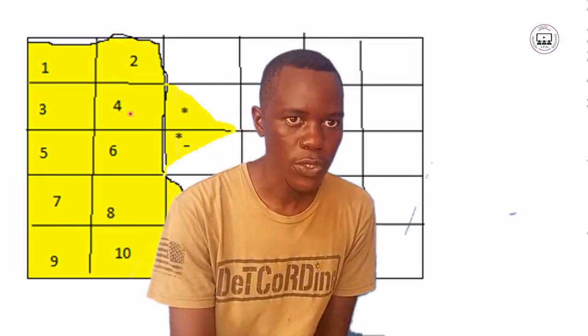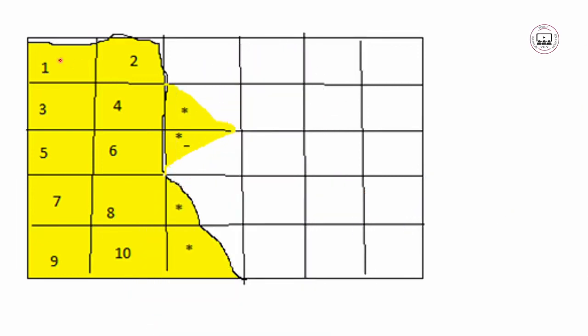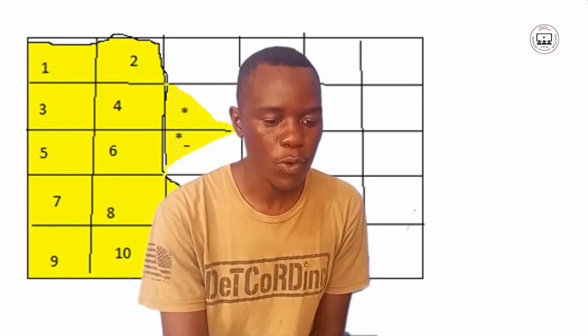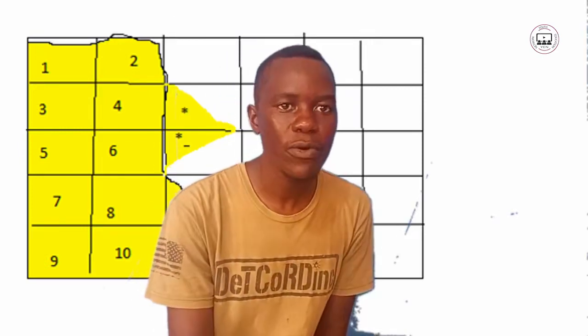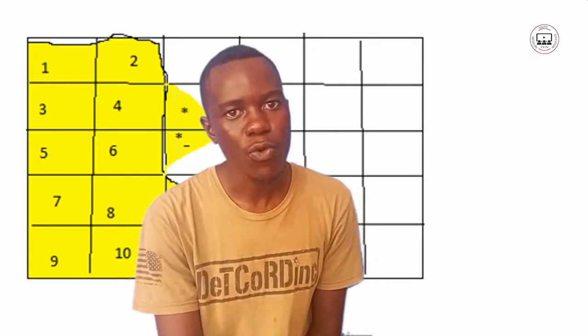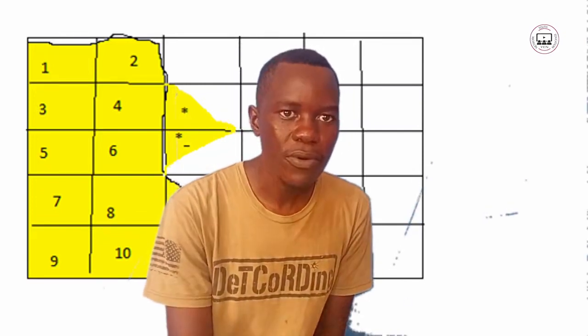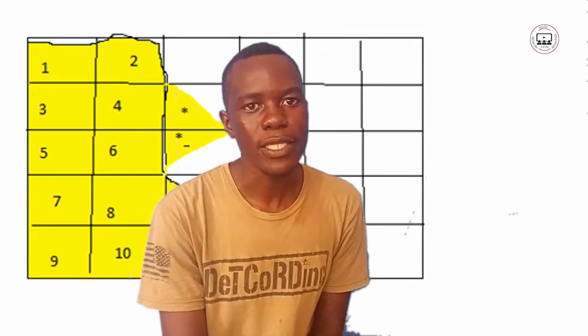Put it on the side: full boxes, 8. Then what about half boxes? You can count 1, 2, 3, 4, 5, 6. So you have 6 half boxes. These half boxes should be divided by 2, and then to find the total area of this map, you add the full boxes plus the half boxes divided by 2, and remember the unit is kilometer square.